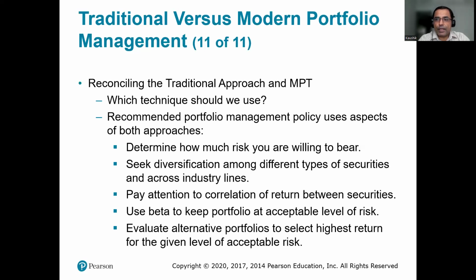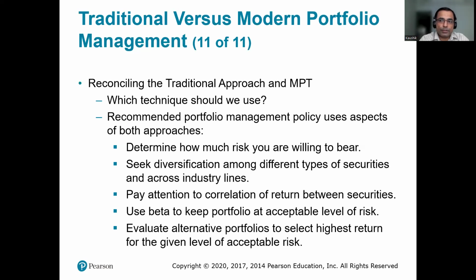First, we have to understand the risk tolerance or the risk appetite of the investor. Then we can try to select securities in different industries. So we are actually following the traditional approach. Then we will look at the correlation between different securities.